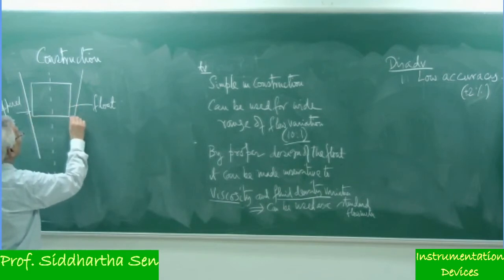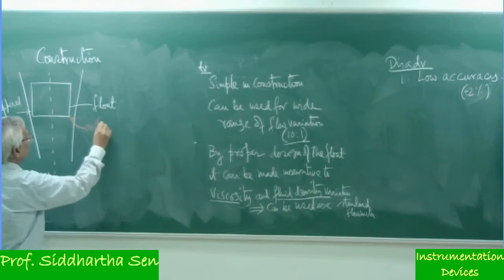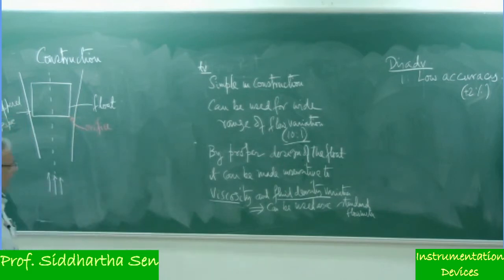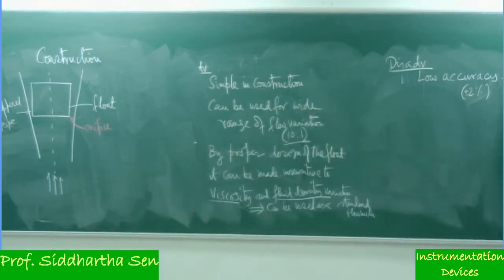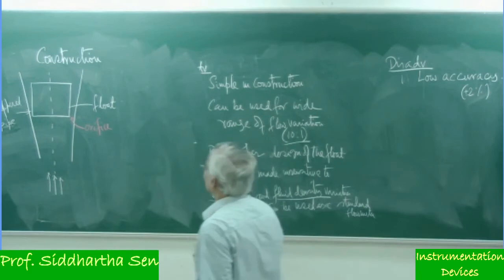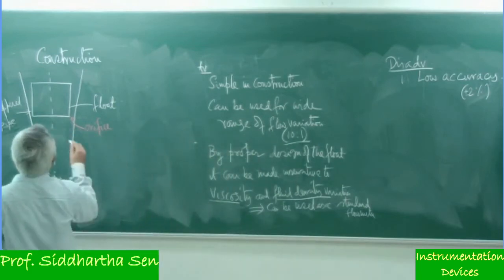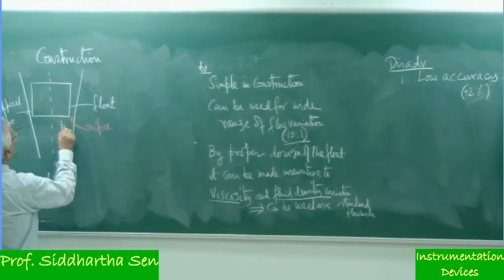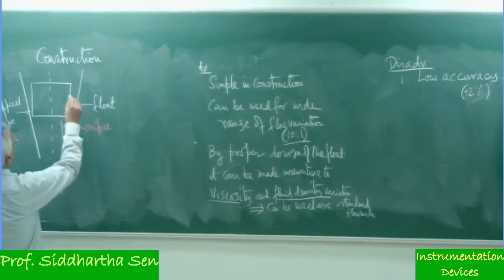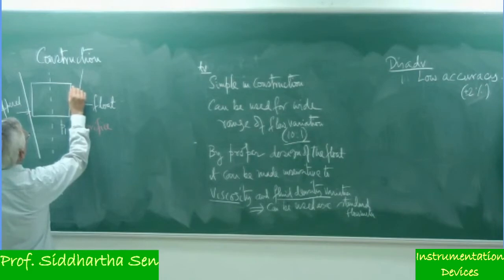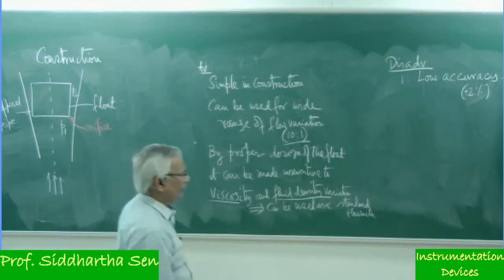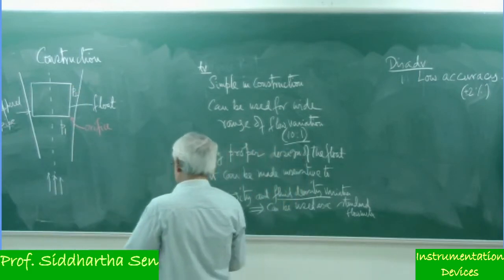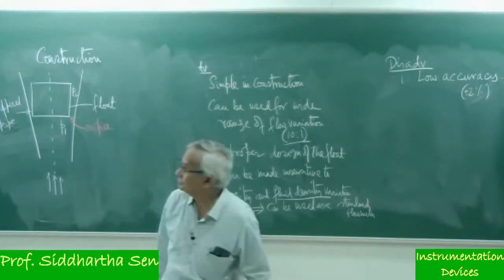And this is basically forming an orifice area. As it goes up, the orifice area will increase. So just below this one, suppose P1 is the pressure, and above the orifice, the pressure is P2. So float is circular.